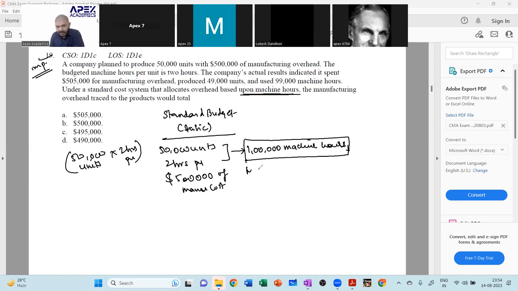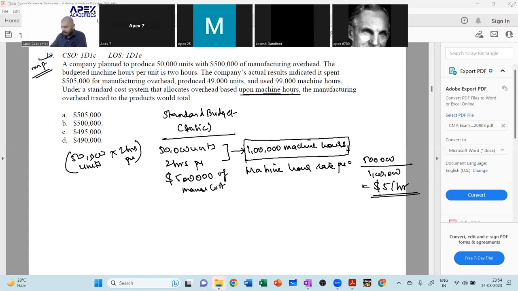What is the machine hour rate? The machine hour rate will be 5 lakhs divided by 1 lakh, which is equal to $5 per hour. Are you with me on that?